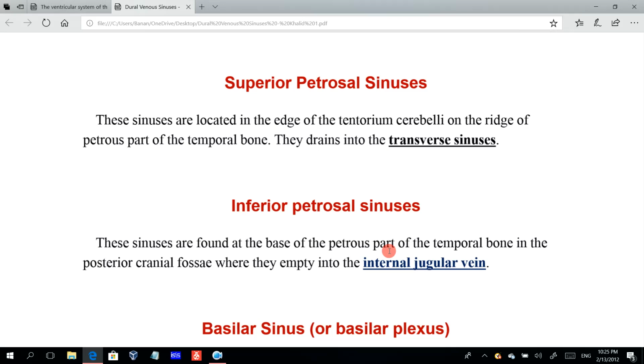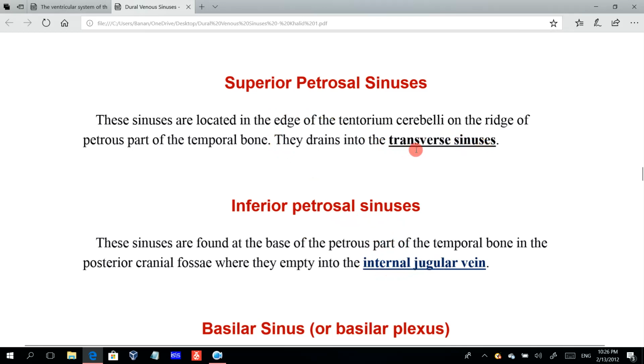Because it is inferior in the base of the skull, it drains its blood directly into the internal jugular vein, which is very near to the jugular foramen, where the formation of the internal jugular vein starts. So the inferior petrosal sinus drains into the internal jugular vein, while the superior drains into the transverse sinuses.